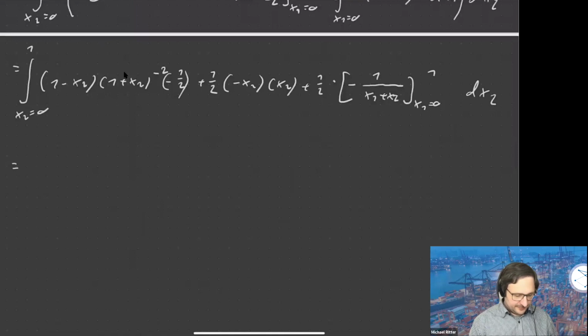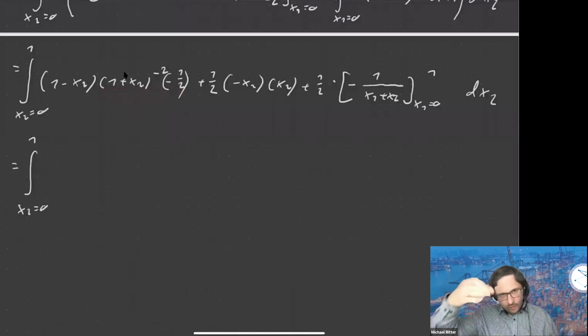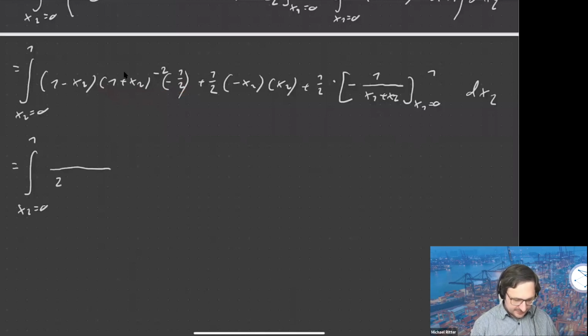Okay, let's see if we can simplify this expression a little more. So I'll just keep the outer integral in place for now. What we get here is, so here we have a minus 1 over 2. This is 1 plus x2 to the power of minus 2. So 1 over 1 plus x2. So let's just put this in the denominator, 2 and 1 plus x2.